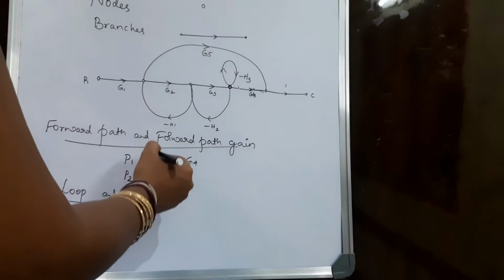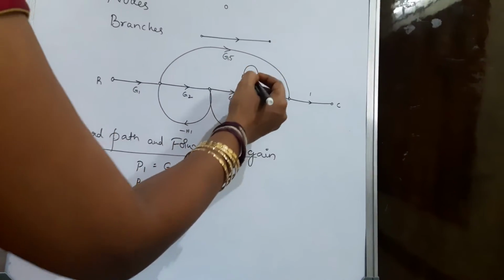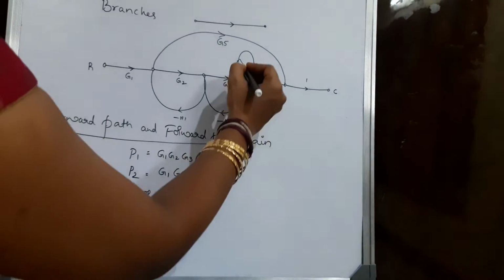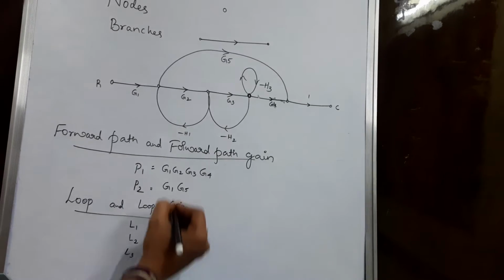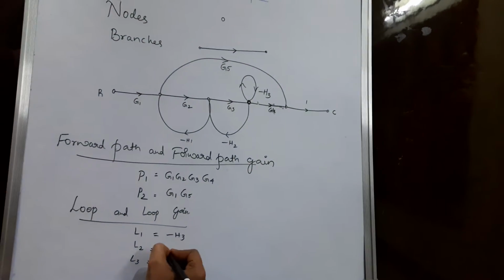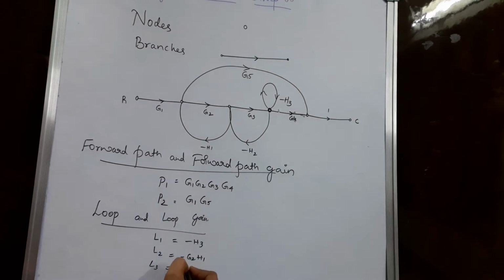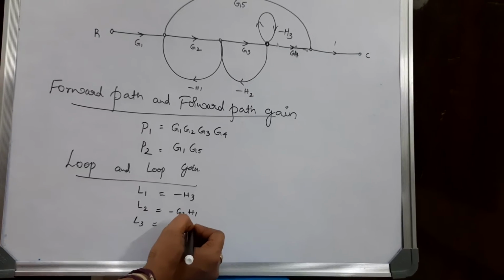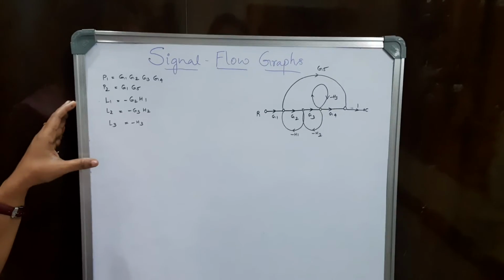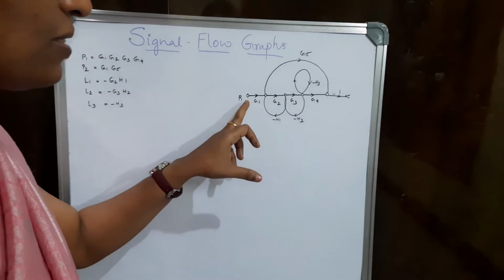In a similar fashion to forward path gain, loop gain will be just the multiplication of the gains. So L1 is minus H3, L2 is minus G2 H1, L3 is minus G3 H2. Now a recap of what I have done. First is the forward path.